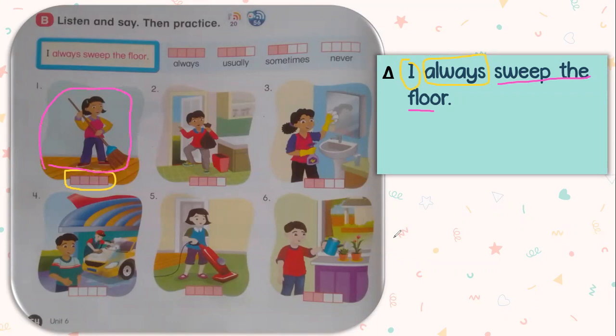Now, for example, in sentence number 5, how will sentence number 5 be? Remember that the sentence starts with I. So we can say, I, in number 5, we are going to do this. Number 5, I, oh, one more time, this one. What is that? Always. I always.